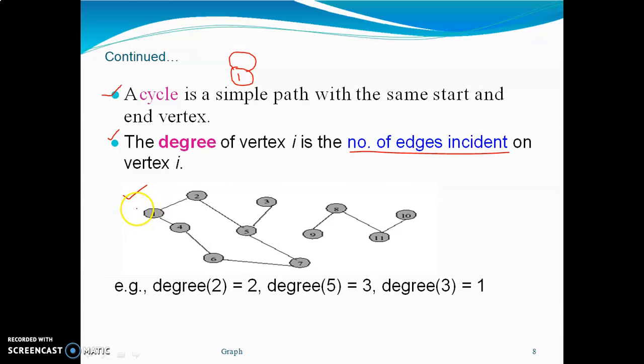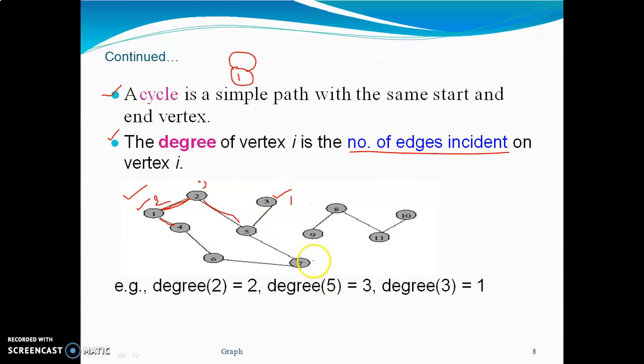Say, for example, for vertex 1 there are two edges; it is connected to two vertices. So the degree of vertex 1 is 2. At the same time, 2 has two edges again, so the degree of 2 is also 2. Vertex 3 has only one edge, so 1 is the degree.